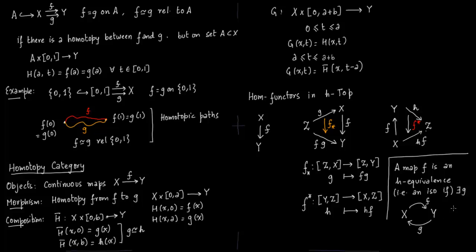First you apply G and then you apply f, you will get ID on y. So this map is homotopic to ID on y, and GF is homotopic to ID on x.